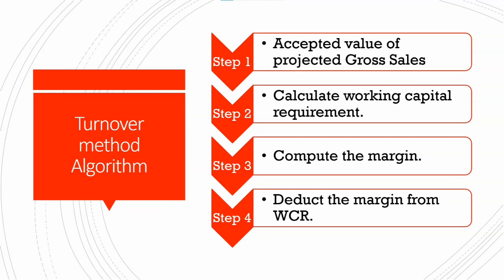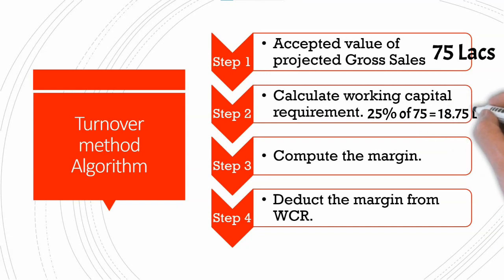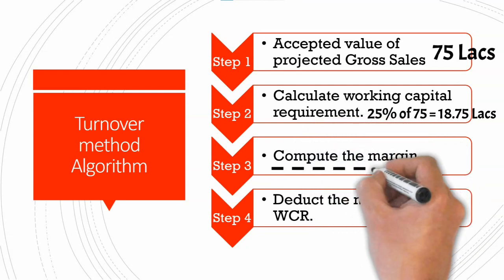Our turnover algorithm says first you take a look at the gross sales. Let's say it is 75 lakhs. Then you calculate the working capital requirement, which is 25% of gross sales, that is rupees 18.75 lakhs.